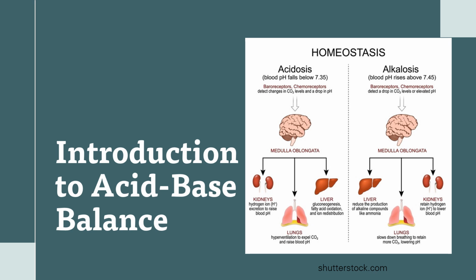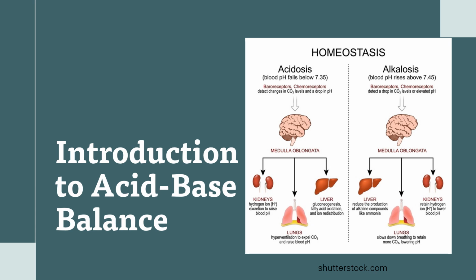And then there is bicarbonate that will be released, so the liver can also be associated with that. But the most important organs we'll be discussing in this acid-base balance, as well as the disturbances, are the lung and the kidney.